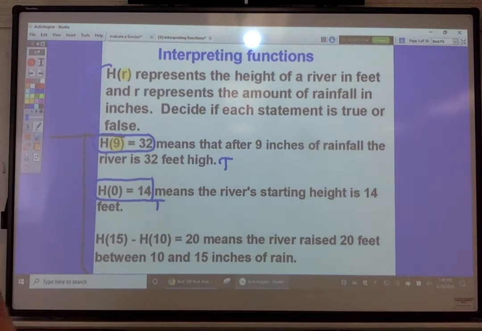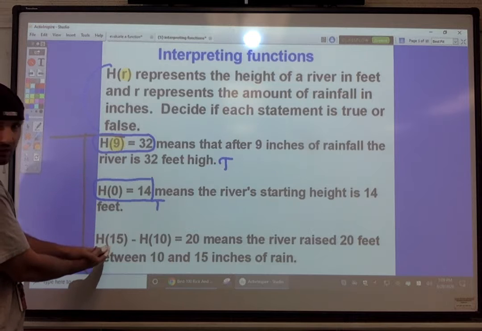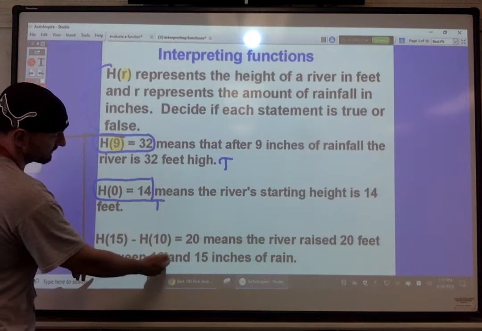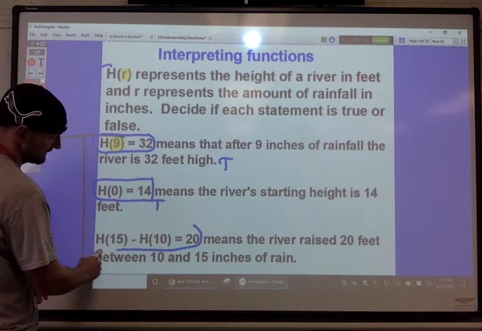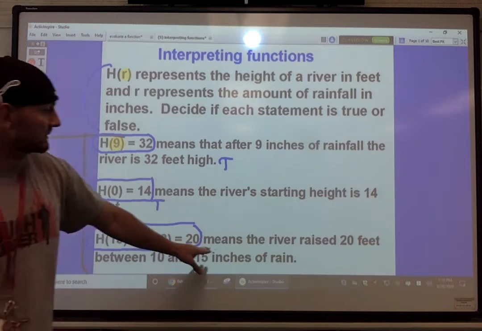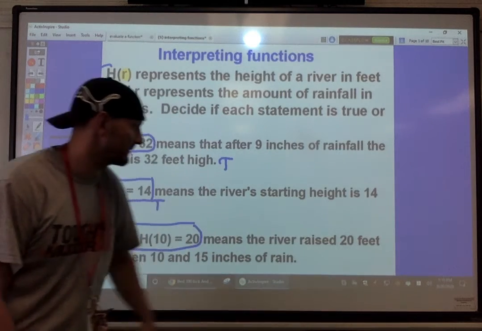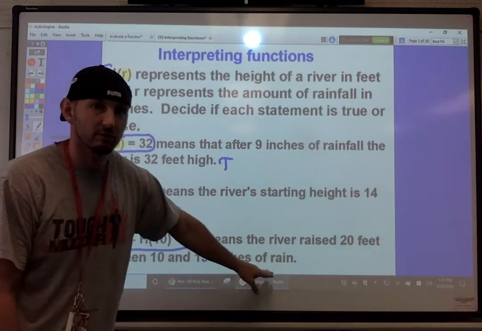And our bottom one, if we take the height of the river at 15 inches and subtract the height of the river at 10 inches, it should equal 20 feet. So this means the river rose 20 feet between 10 and 15 inches of rain.